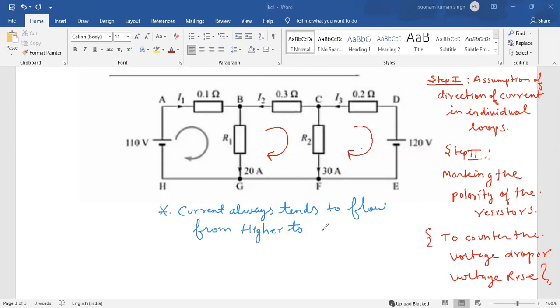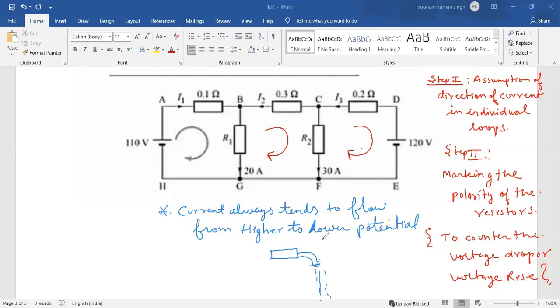Always think about a tap. When you have a tap at your home, think in terms of a tap where water is coming.